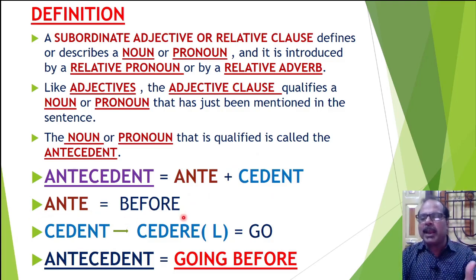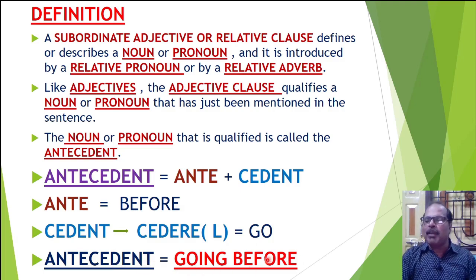I said in an earlier video, for example, ante-chamber, ante-meridian, AM means before noon, before 12 o'clock, and the opposite of ante is post. And sedent comes from the Latin term sedere, which means go. So antecedent means going before.